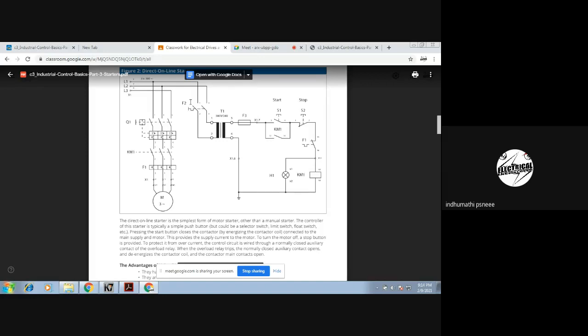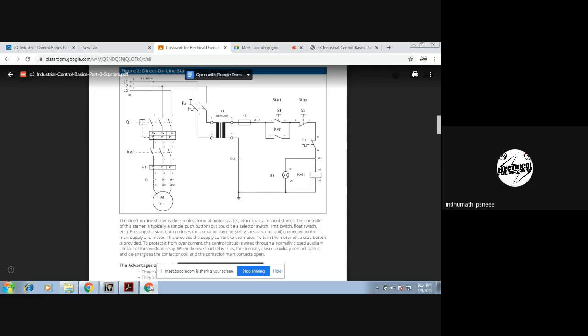When the overload relay is tripped, the normally closed auxiliary contact opens and de-energizes the contactor coil, and the contactor main contact opens. So if an overload is present in that starter, that means overcurrent, or maybe overvoltage, or any fault or temperature rise, that is an overload condition.